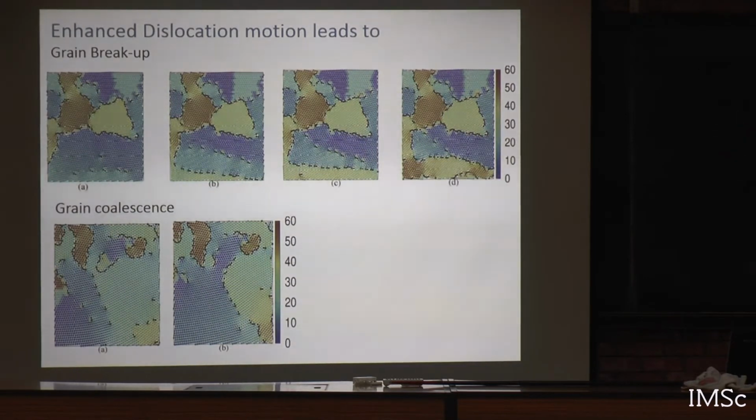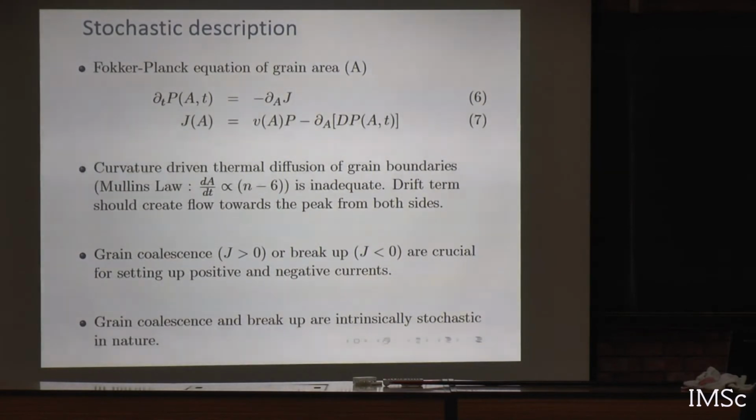Due to this dynamics, how do the areas change? Let's say you have a probability of a particular grain size. When grain breakup happens, you are shifting probability from larger grain size to smaller grain size. So in the area space, there is a probability current from large grain size to small grain size when you have a breakup like this, and coalescence is the opposite of that. Weightage is shifting from small grain size to large grain size. You can think of this in terms of a stochastic equation, a Fokker-Planck kind of description.